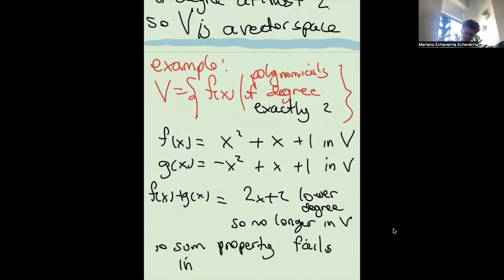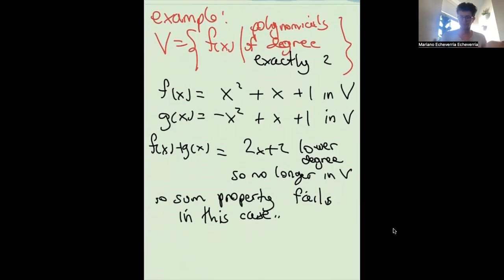Is that making sense? Is that okay? So this is not a vector space. So this V is not a vector space.